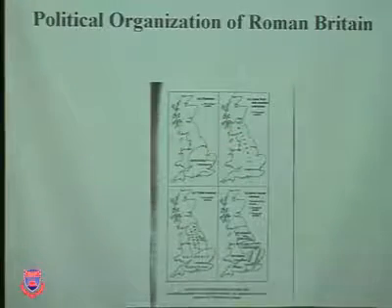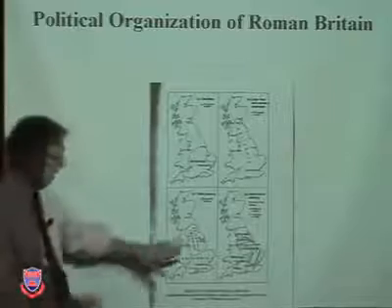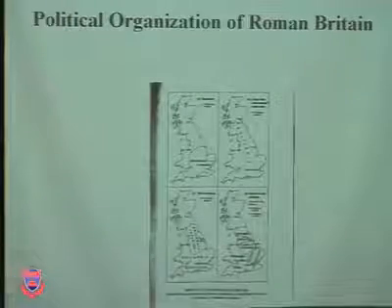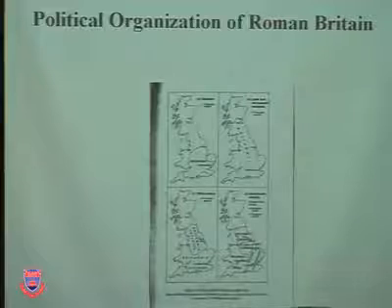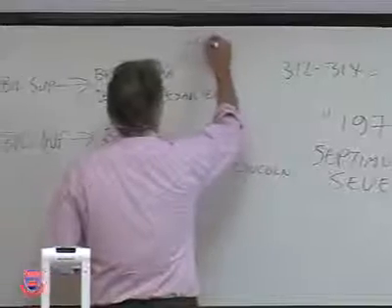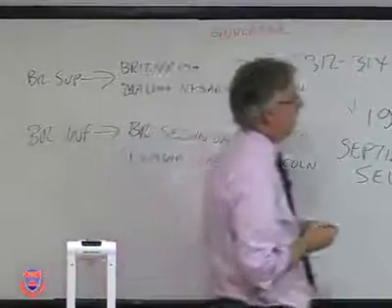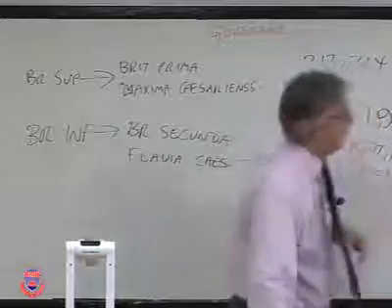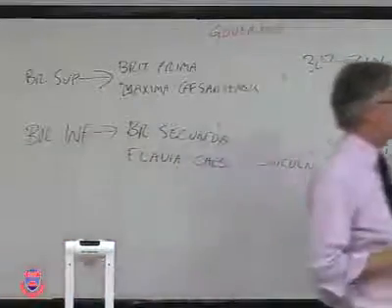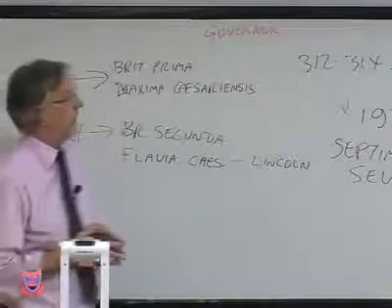As that situation shifts and we get a greater degree of Romanization and Roman power, they decide to divide and then subdivide the provinces. A province was traditionally under the control of a governor, who was responsible, obviously, ultimately to the emperor, and he will have had his base at London or one of the other capitals, depending on the situation.